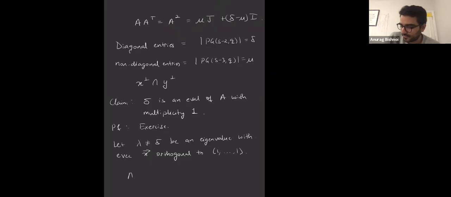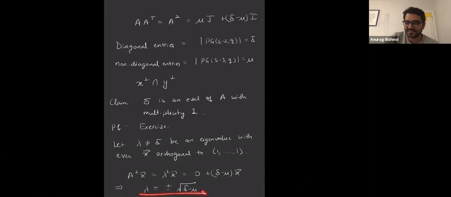So you have A square times x is equal to lambda square times x, which is equal to 0 plus delta minus mu times x. This implies that lambda is equal to either plus or minus square root of delta minus mu.